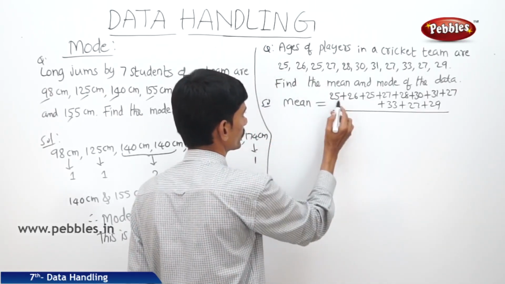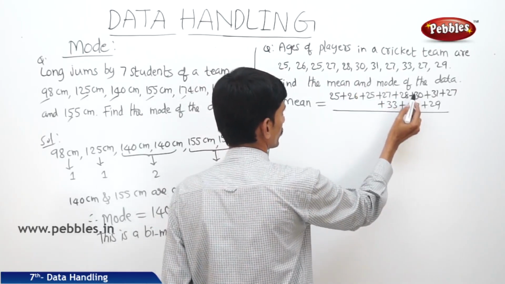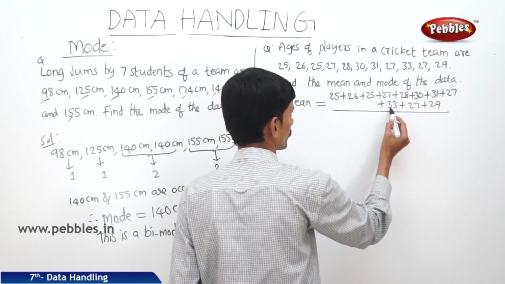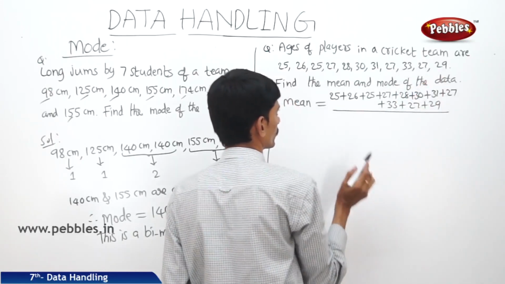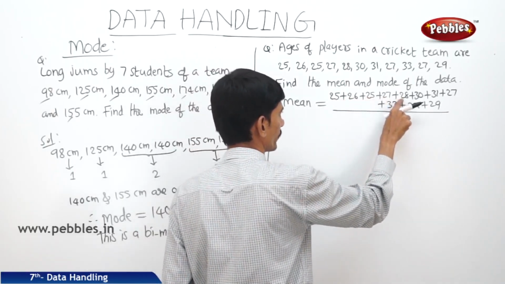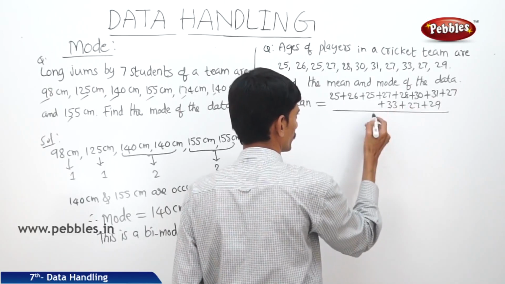Now the total number of observations are 1, 2, 3, 4, 5, 6, 7, 8, 9, 10, 11.